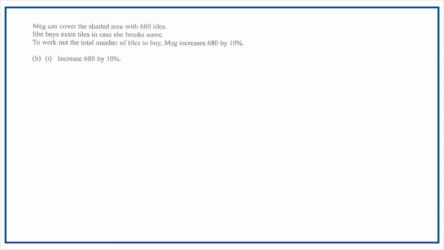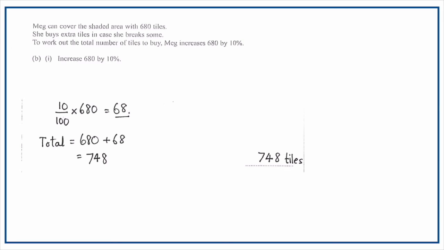So increase 680 by 10%, where 10% means 10 over 100 times the number of tiles, 680, which equals 68. The total tiles needed is 680 plus 68, which equals 748 tiles. Yeah? So the answer is 748 tiles are needed.